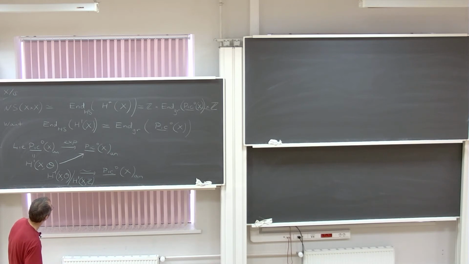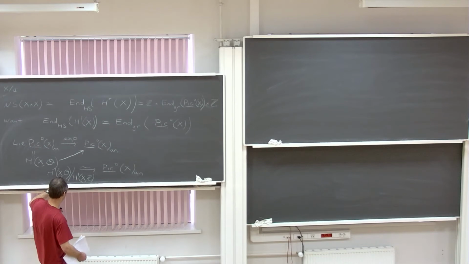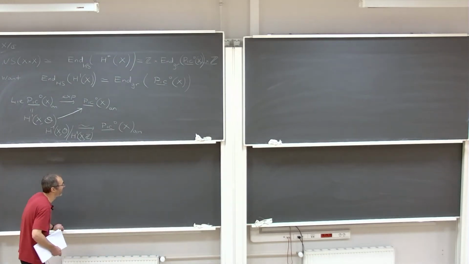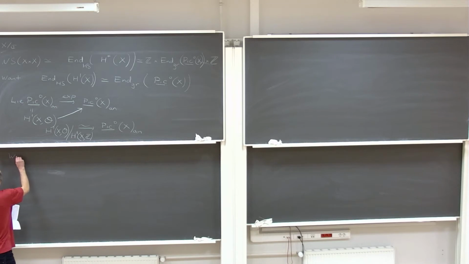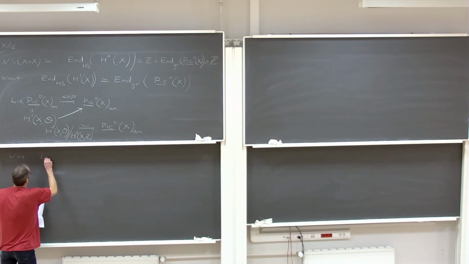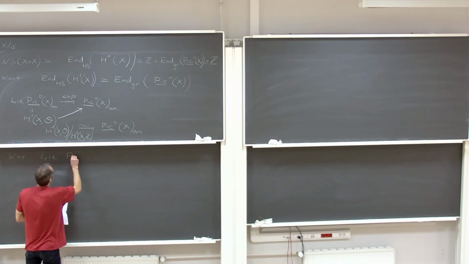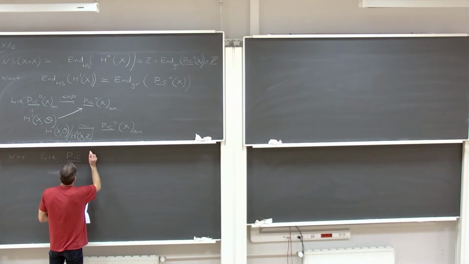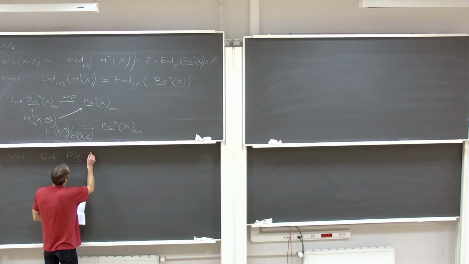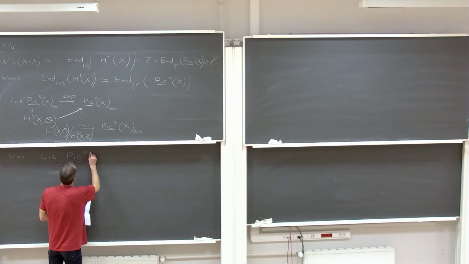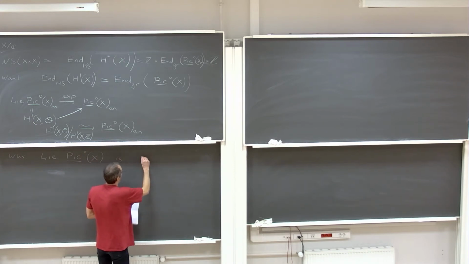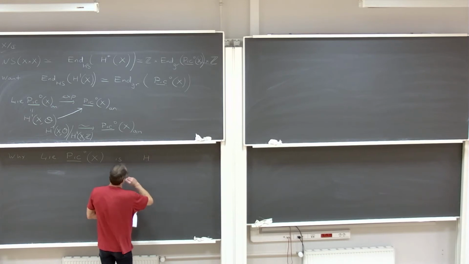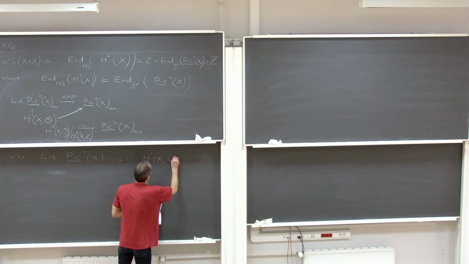Why, maybe this is too big a question, but why is the tangent space of the Picard group H1? Very good question. So why is the Lie algebra of the Picard group, it doesn't matter whether I take the connected component or the entire Picard group, H1 of X with coefficients in O?